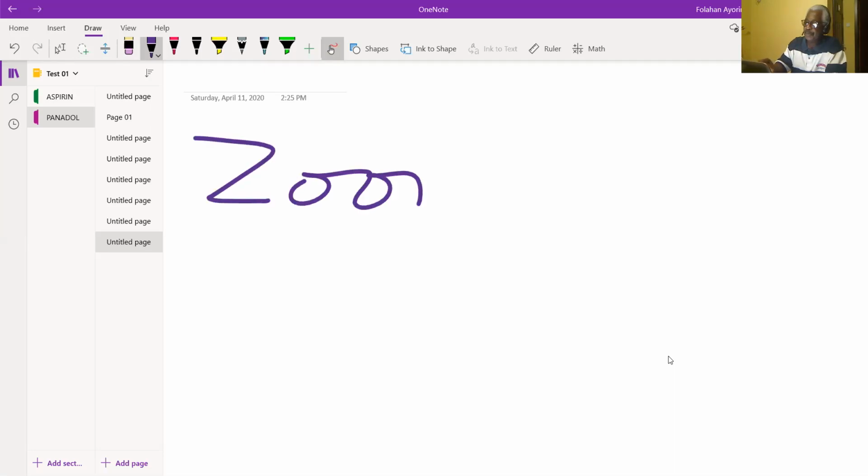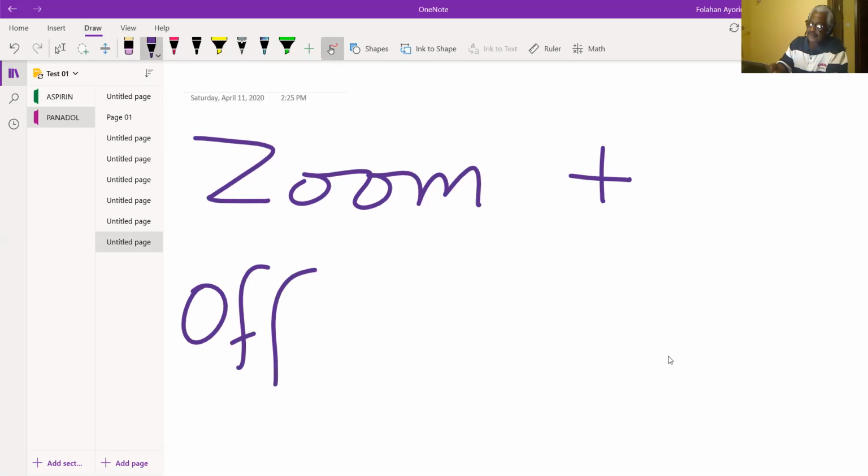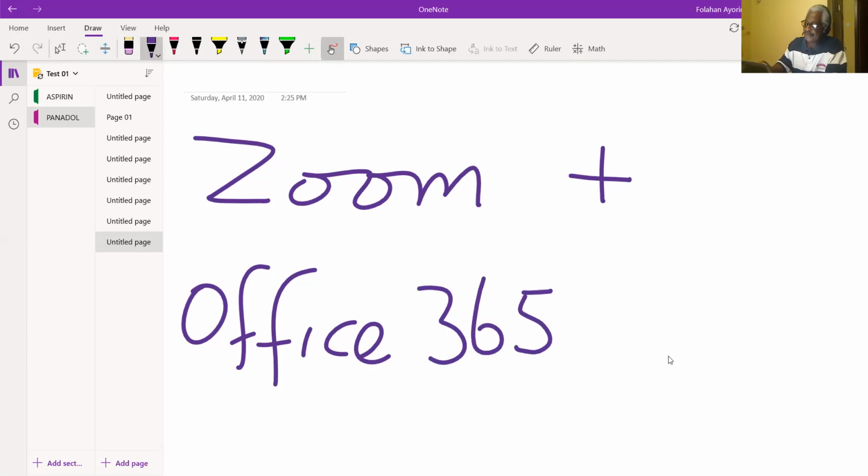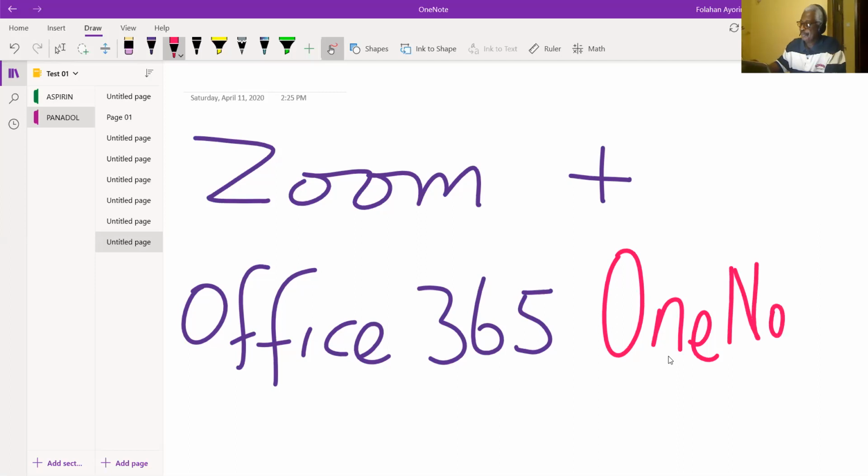Zoom with Microsoft Office 365 OneNote. By combining Zoom with Office 365 OneNote, you will be able to simulate your classroom experience.